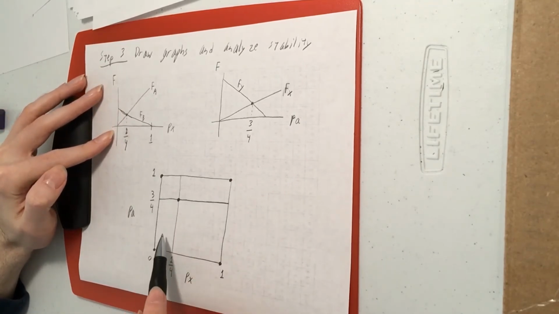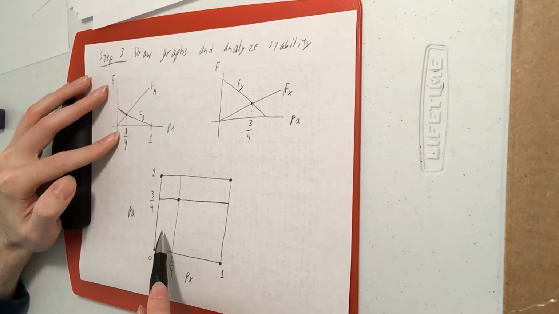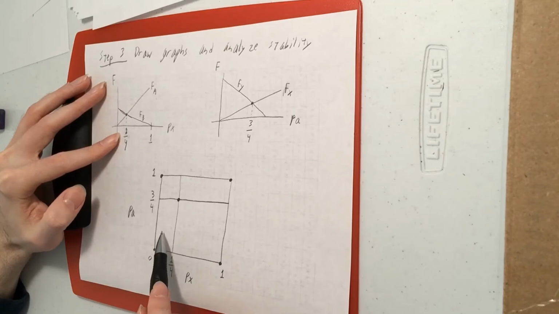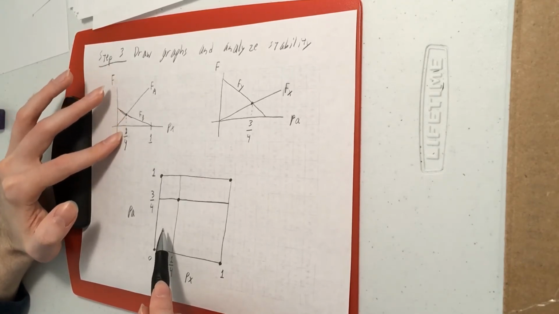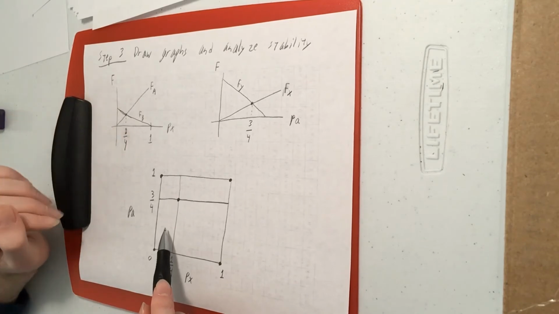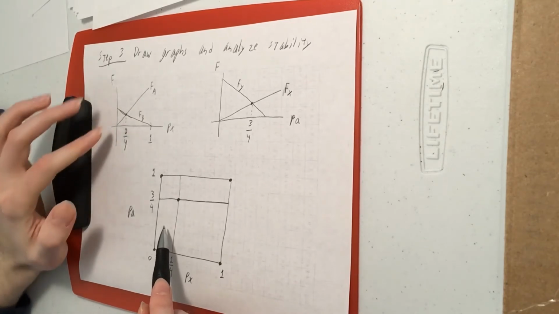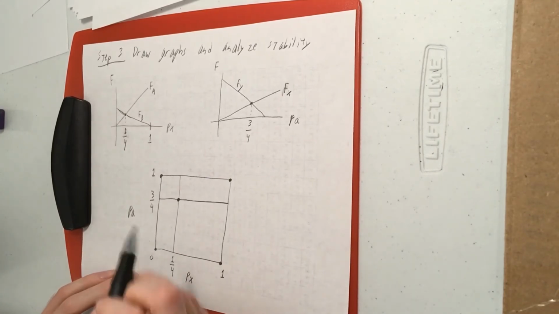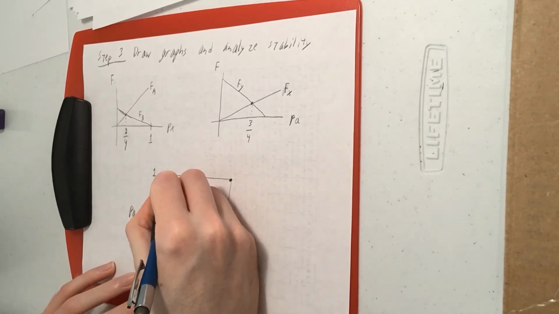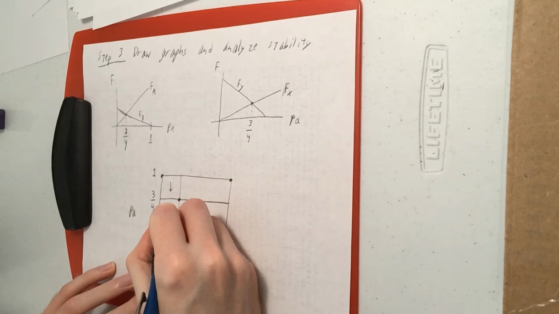So in this region, the B types are fitter. That means that the number of A types is going to go down, so there's going to be downward pressure on PA. The B types will reproduce more, pass on their genes, live longer, and they're going to see the A types die out. So when px is less than 1/4, PA is going to be going down, so I draw a down arrow in these boxes over here.